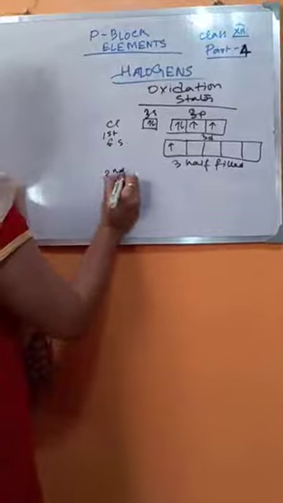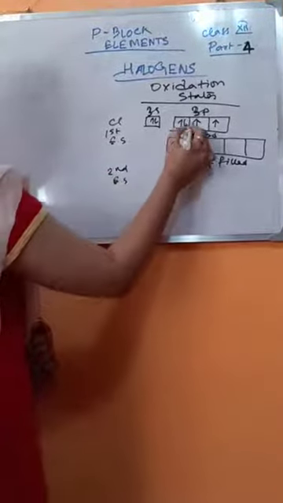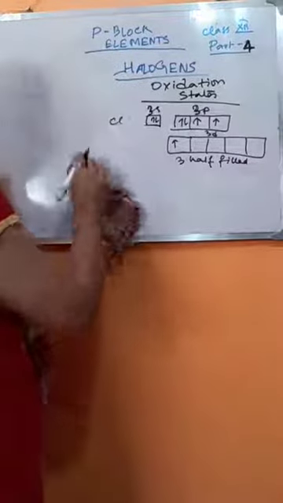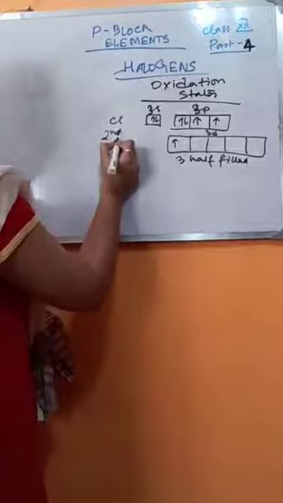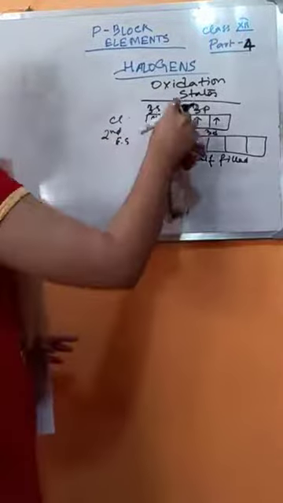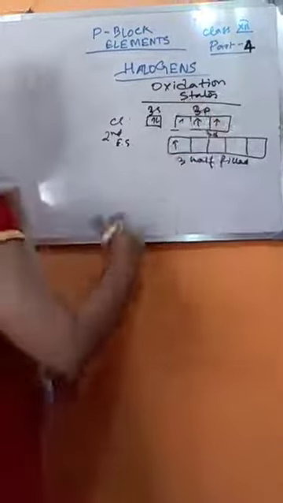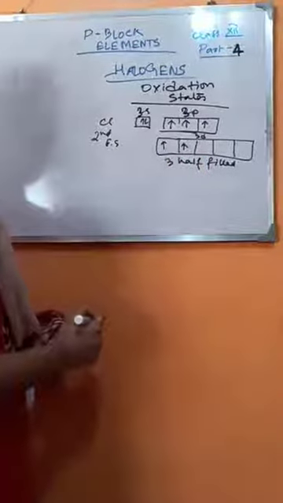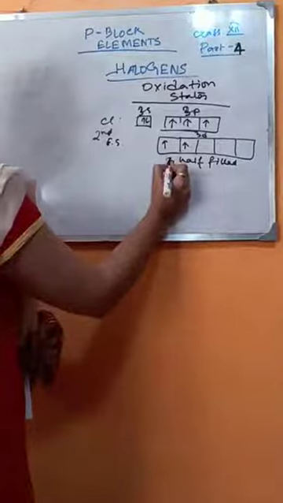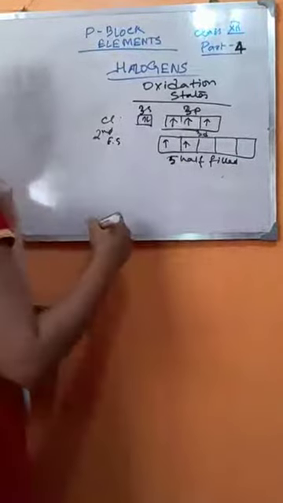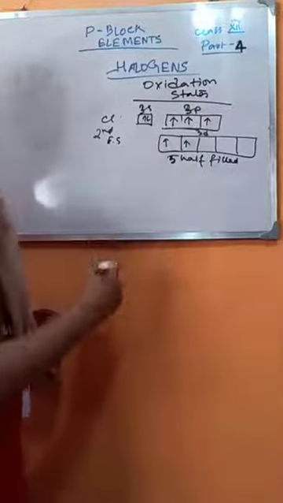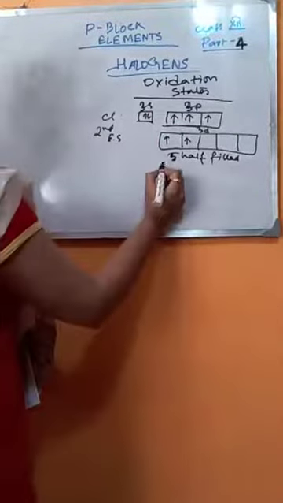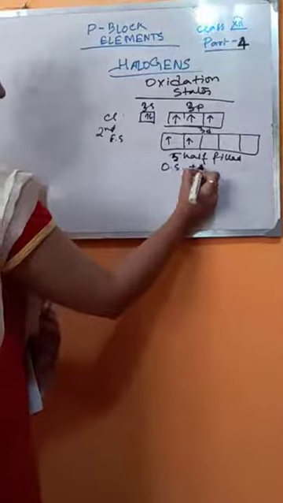Now in the second excited state, it can transfer another electron to the higher energy d orbital. So in this case, there are 5 half-filled orbitals. So the oxidation state is +5.